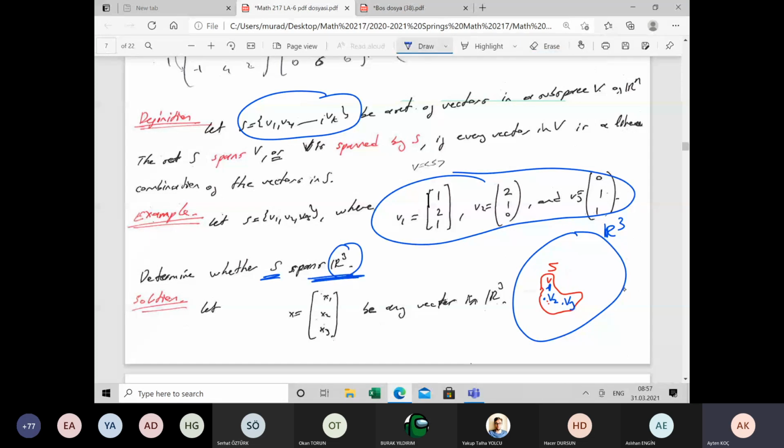We know that R cube is a subspace of R cube itself.